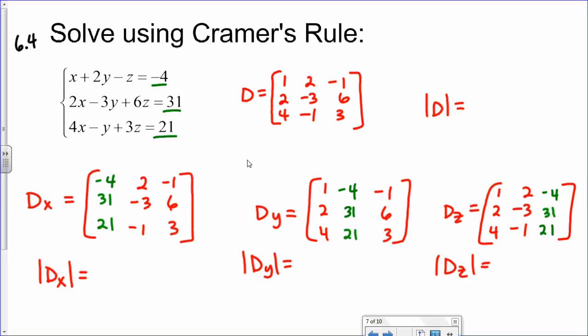Just checking in, your determinant of D should be 23. Okay, so of the D matrix. And then you need to do Dx, Dy, and Dz.